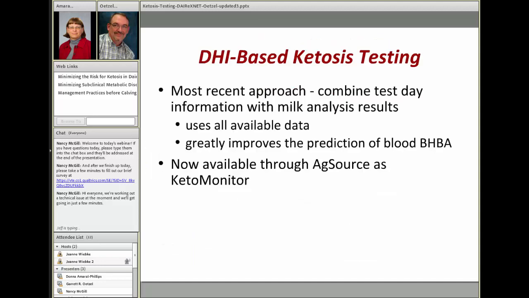So Dr. Reitman approached this. He said we need a better way to predict blood BHBA. In the past, what we've done is combining testing information with developing all of the information about that cow. And potentially more than just one set of extra off the milk sampling.